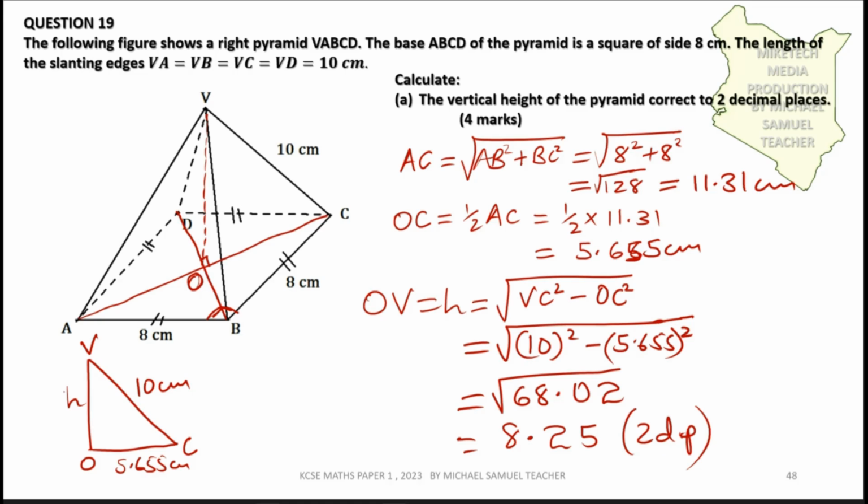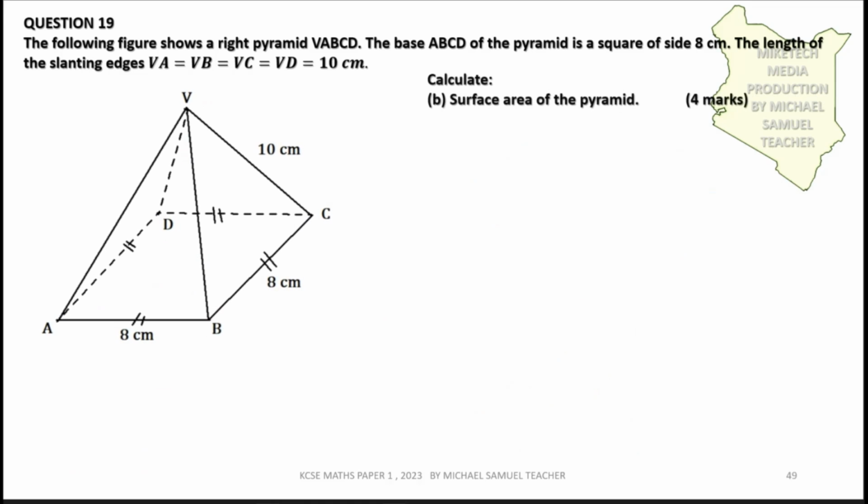Then part B of the question, calculate the surface area of the pyramid. So we need to get the surface area of the pyramid. In that case, we need the area of the base ABCD, and then the areas of the slant faces.